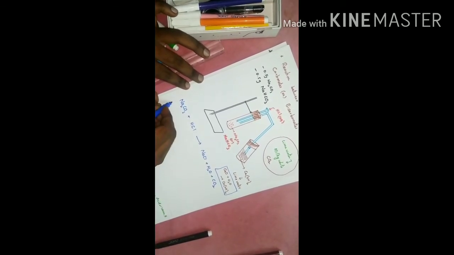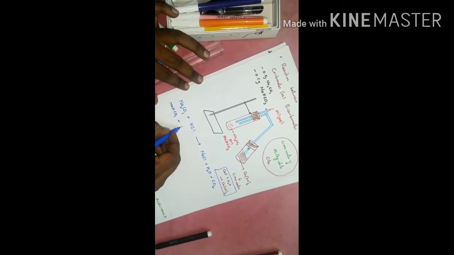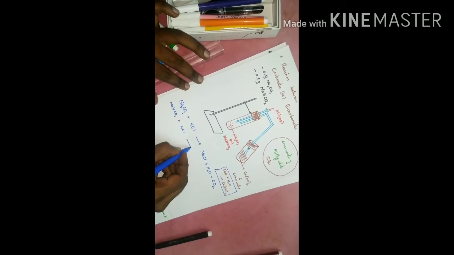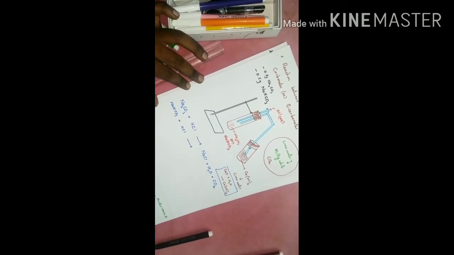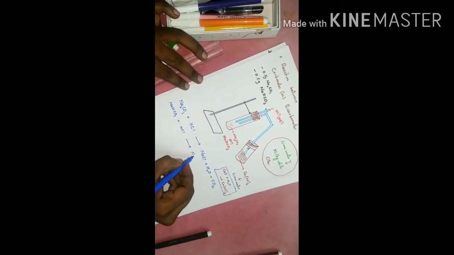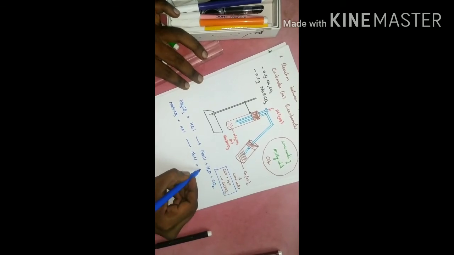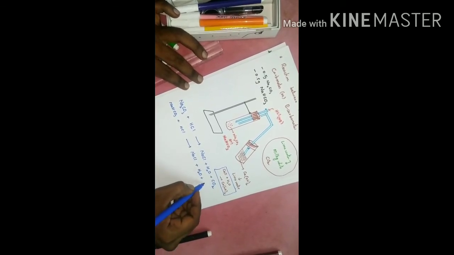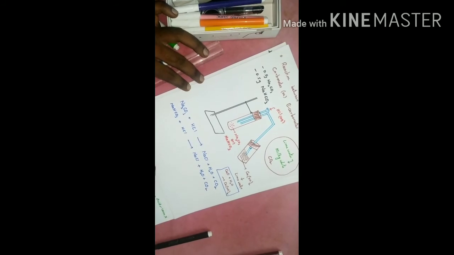The same reaction you can take with bicarbonate, NaHCO3 plus HCl. Whether it is a carbonate or bicarbonate, there is no change in the reaction except the proportion of the molecules. NaCl plus H2O plus CO2.